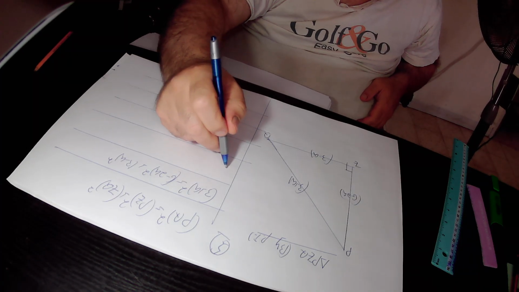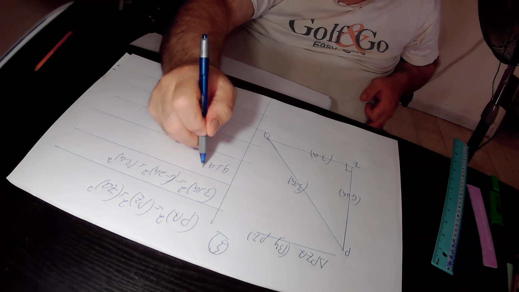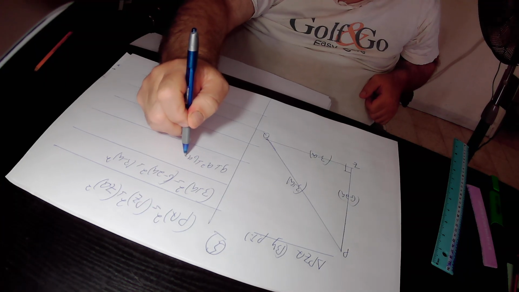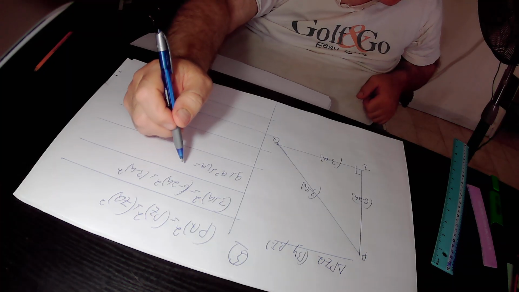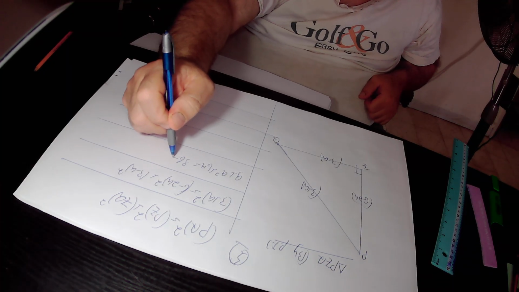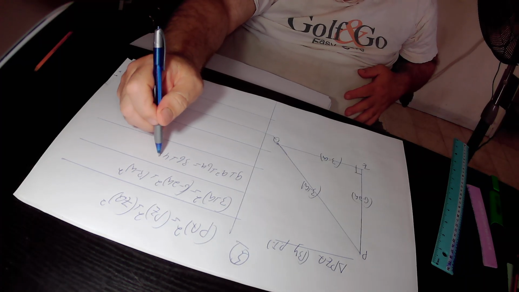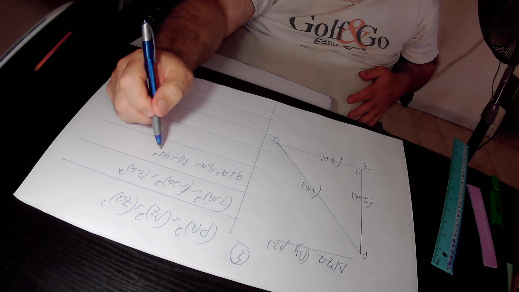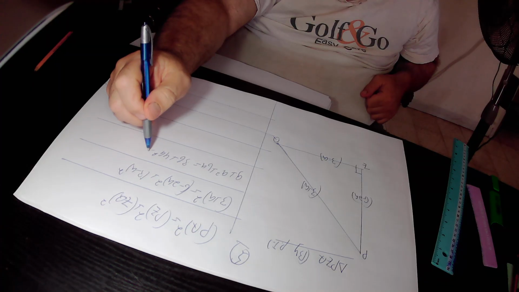equals 3 squared, that is 9, plus A squared plus 2 times 3 times A, that is 6A. On the other side of the equation we have (6 minus 2A) squared. (6 minus 2A) squared equals 6 squared, that is 36, plus (2A) squared, which is 4A squared, minus 2 times 6 is minus 12, and minus 12 times 2A is minus 24A.